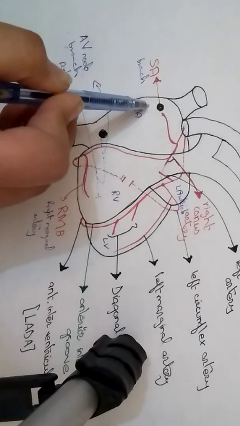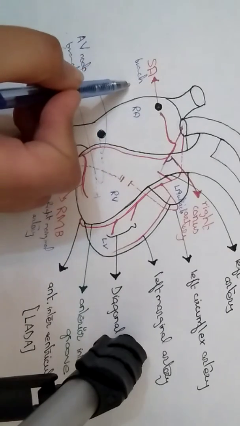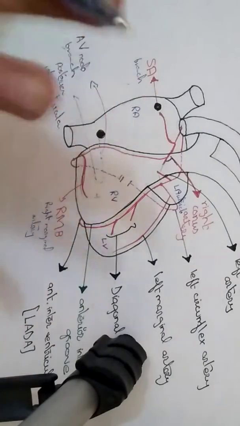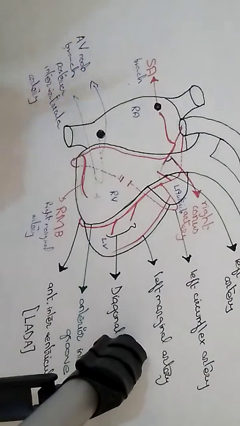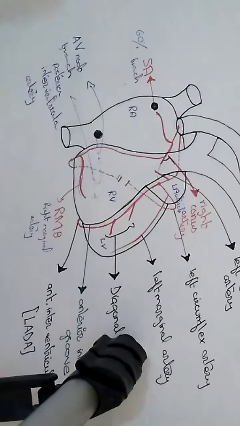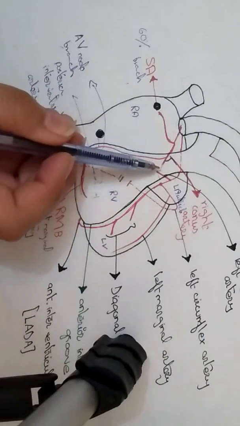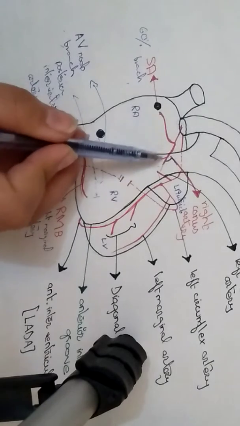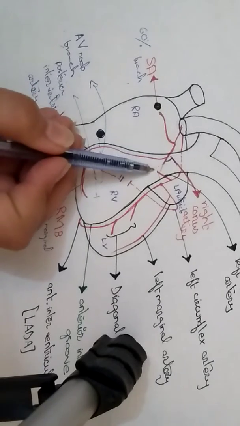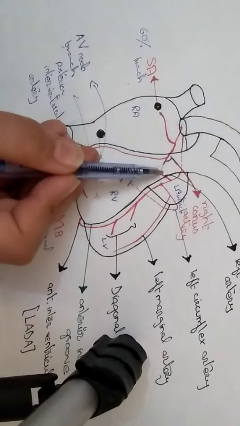In 60% of cases, the SA node branch arises from the right coronary artery. The second branch it gives is the right conus artery, which anastomoses with the left conus artery, as you can see here.